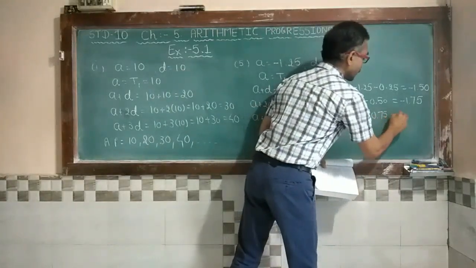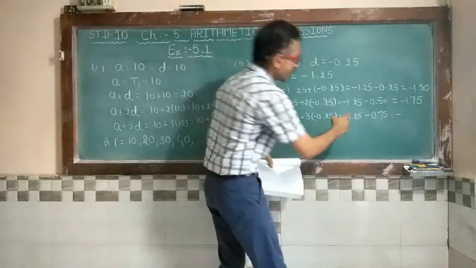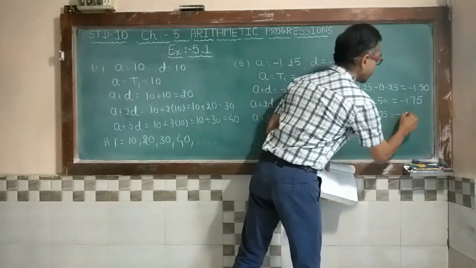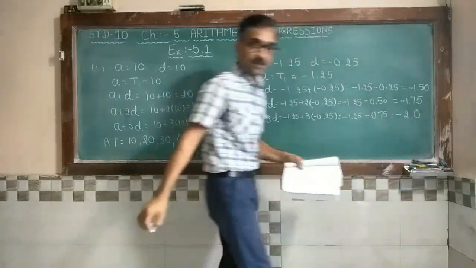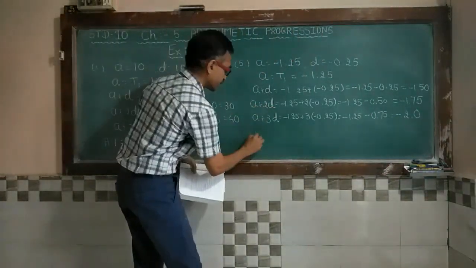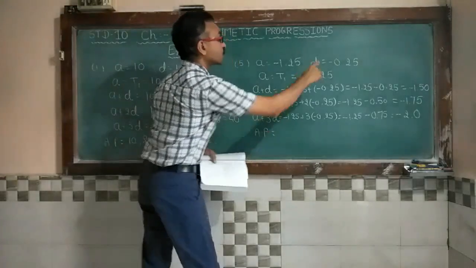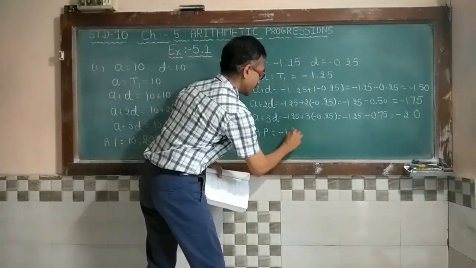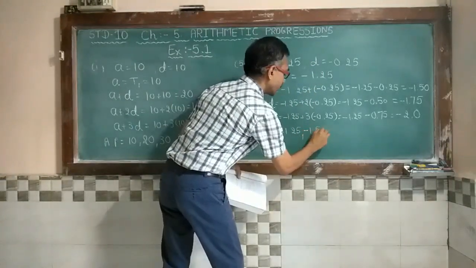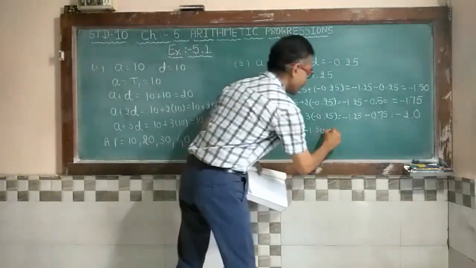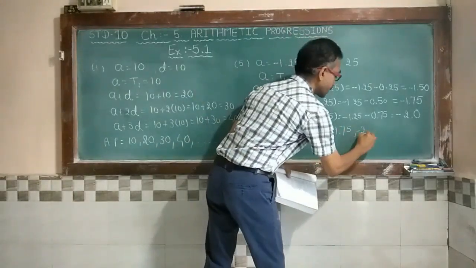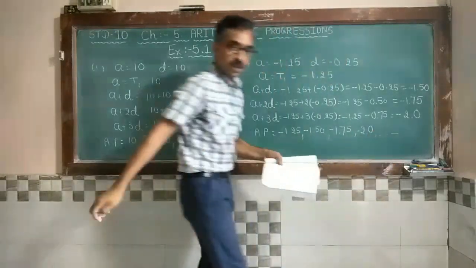Both are minus, so the answer is minus, but you have to add minus 1.25 and minus 0.75, that means minus 2.0. Okay, so your first four terms in the AP are minus 1.25, then minus 1.50, then minus 1.75, then minus 2.0, and so on.